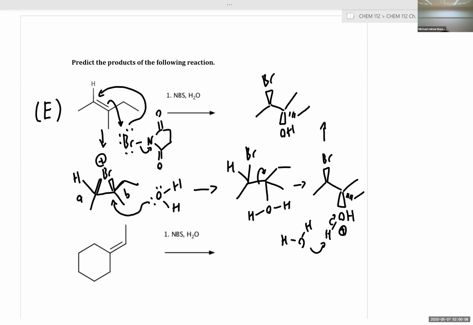We open up our bromonium intermediate, and we observe the trans addition product. Now, what we did is we rotated our molecule so all of our carbons were in the plane of the page.